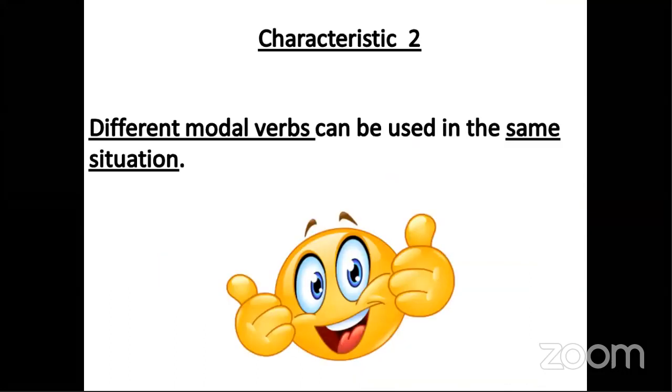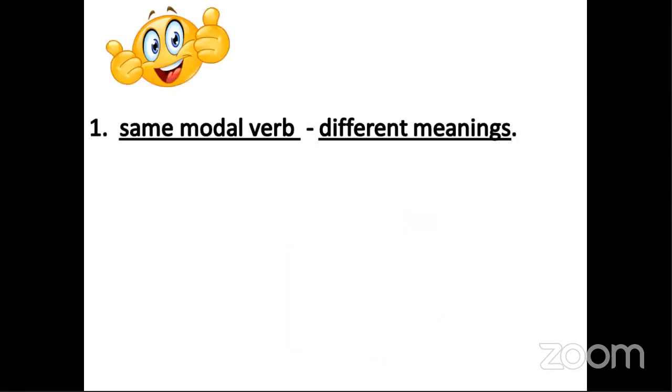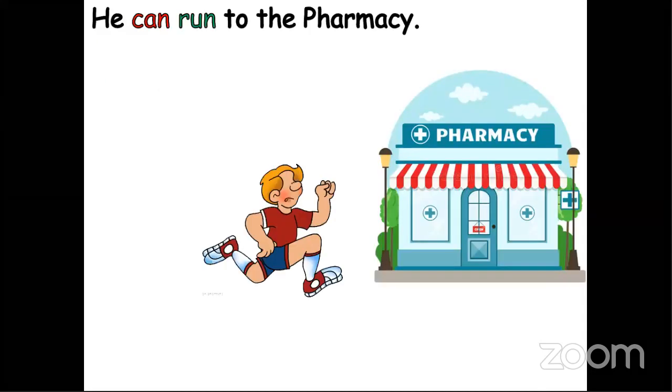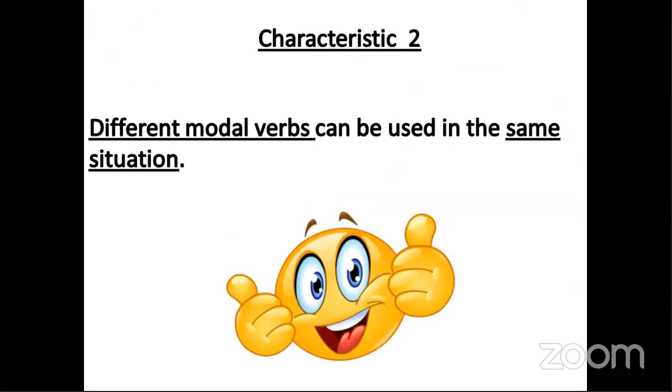What was our first characteristic? If you can recall, same modal verb can have different meanings. But what does the second characteristic say? Different modal verbs can be used in the same situation.